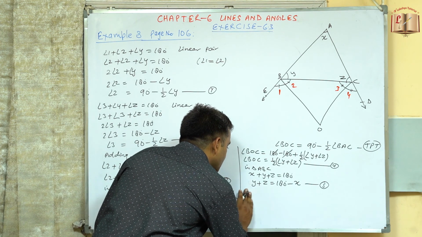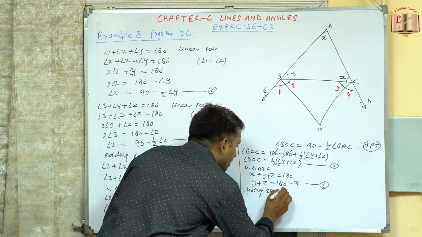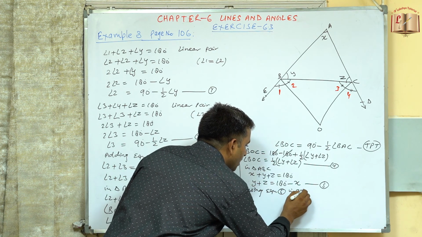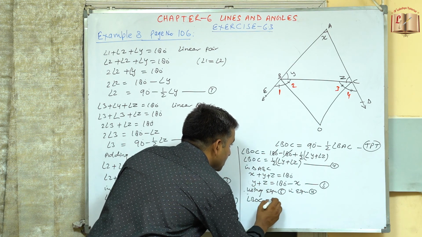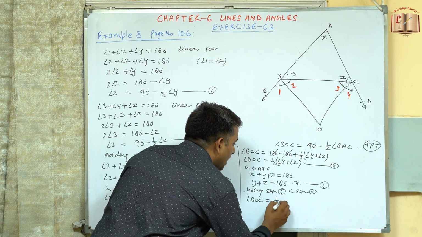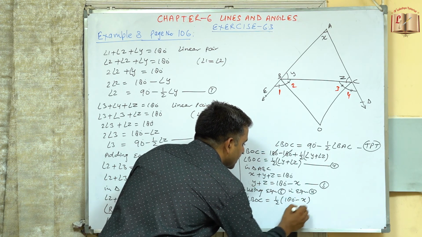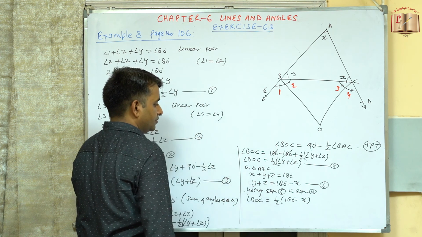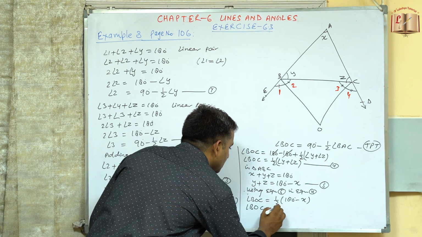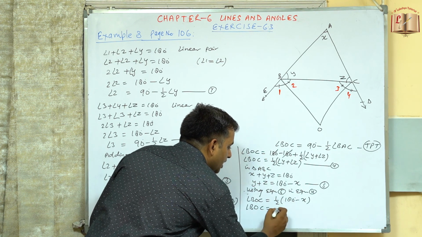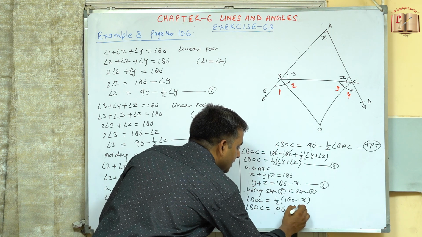Now substituting equation 5 in equation 4, we get angle BOC is equal to half of 180 degrees minus angle x. So angle BOC is equal to 90 degrees minus half of angle x.